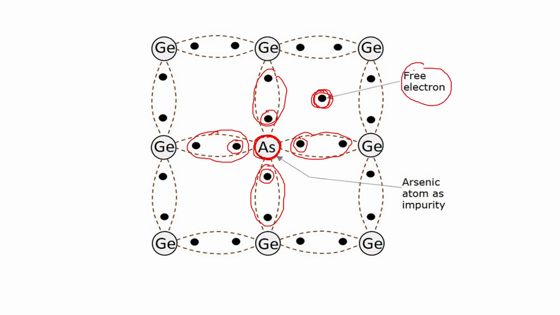If you add a small amount of arsenic impurity to this germanium or silicon, you can produce many such free electrons. A large number of free electrons will help make a flow of charge carrier electrons, and that is the flow of current. Because there are more free electrons, and electrons are negatively charged particles, this type of semiconductor where you add a pentavalent impurity is called an N-type semiconductor.